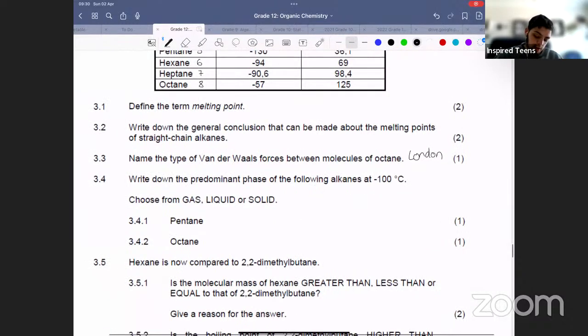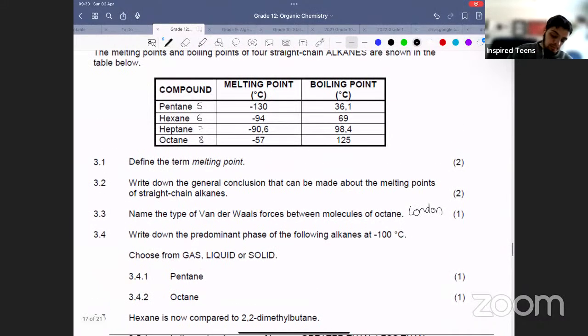3.4, write down the predominant phase of the following alkanes at negative 100 degrees. Choose from gas, liquid, or solid, pentane and octane. So let's look at pentane. At negative 100 degrees, would it be gas, liquid, or solid? What do you guys think? Okay, this one requires a bit of thinking.